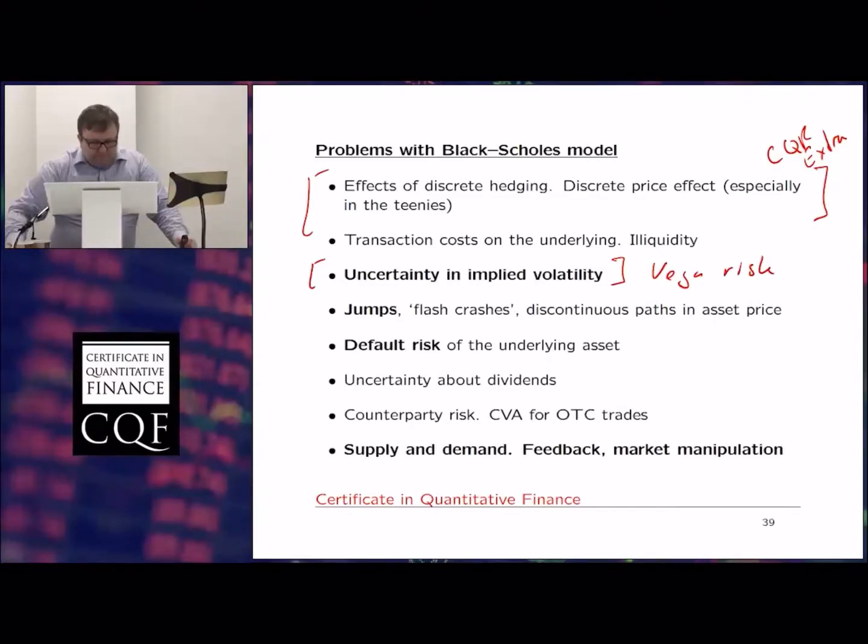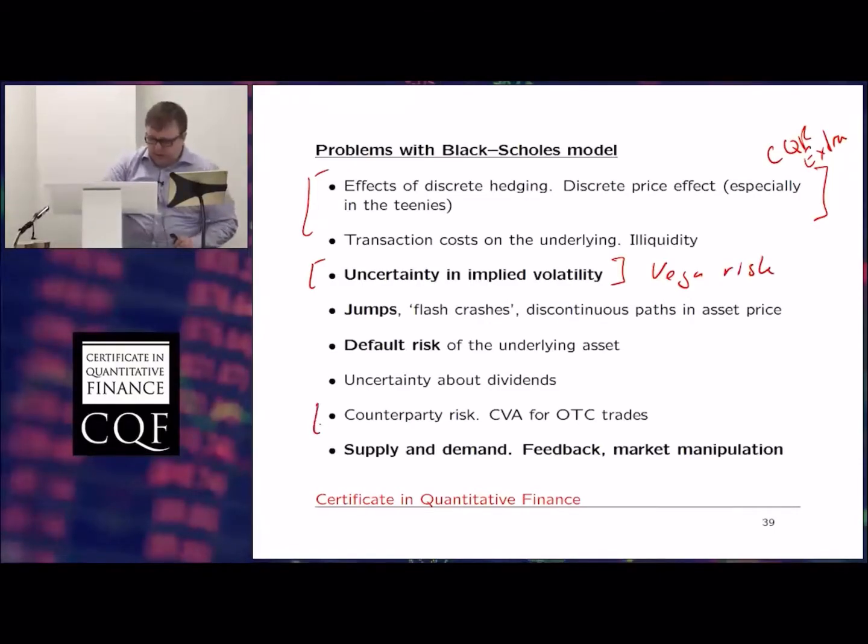Okay. Now, if you're talking about a non-standard option, when you sell it to the other party, they worry about your counterparty risk. So we are talking about computing, for OTC options, the credit risk adjustments, against which you have to hold capital.